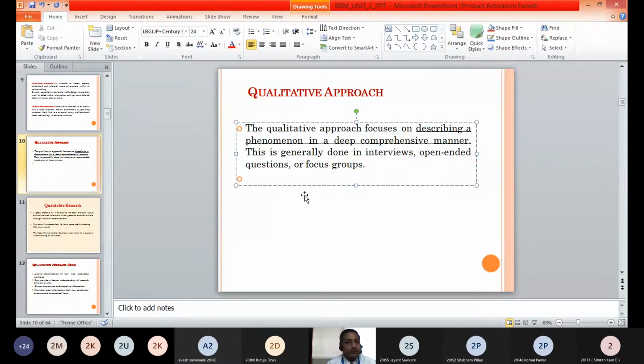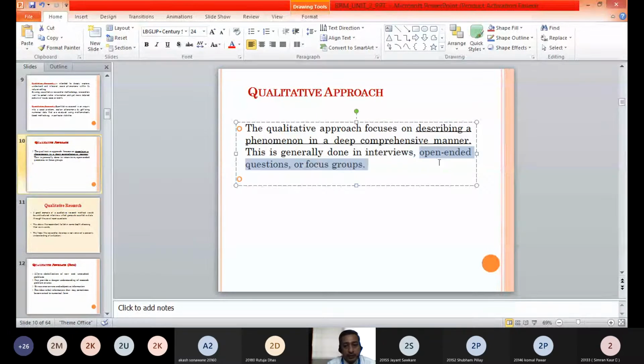In the qualitative approach, we try to understand the problem in a more detailed, comprehensive way. For that, we have different techniques like interviews. We may interview people who are directly or indirectly associated with that particular problem, event, or phenomenon.